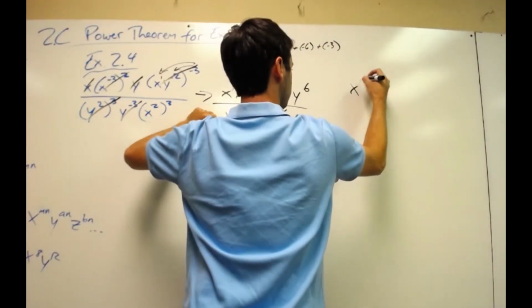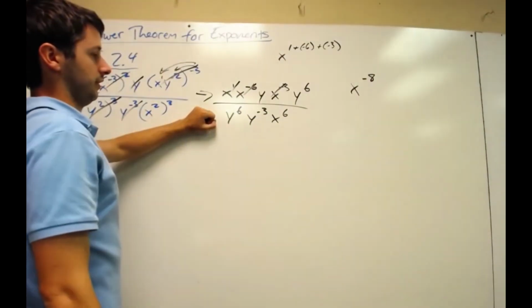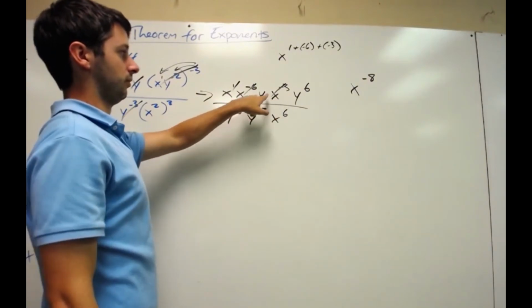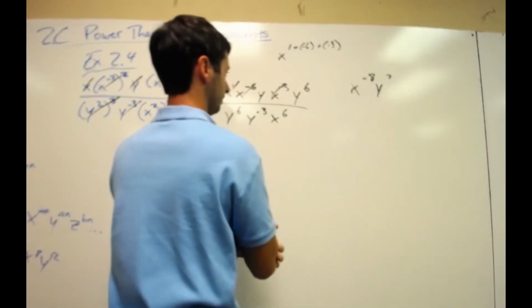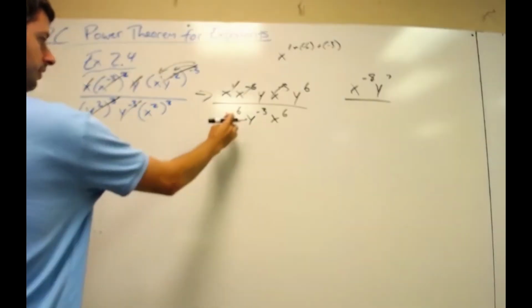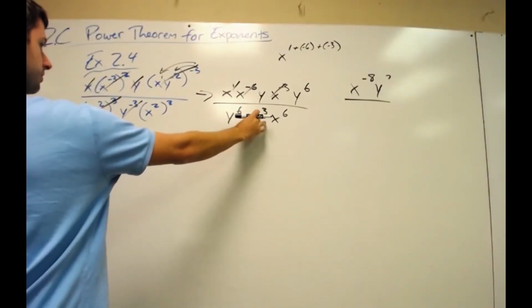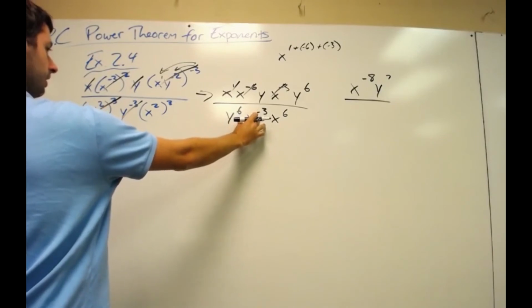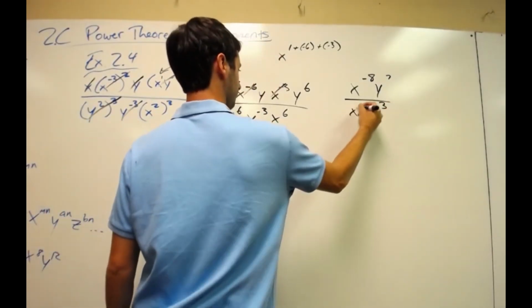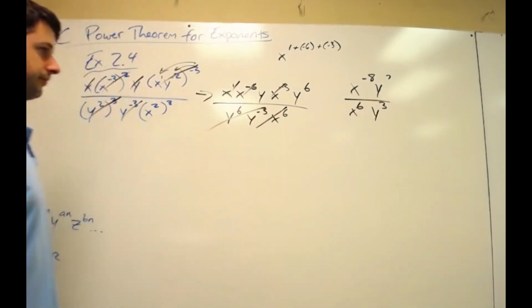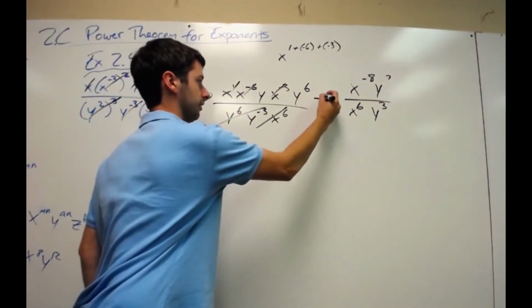So we got x done on top. Y to the 1st plus y to the 6th, y to the 7th. Then on the bottom, y to the 6th plus y negative cubed is 3. And x to the 6th. So now we are at this point.